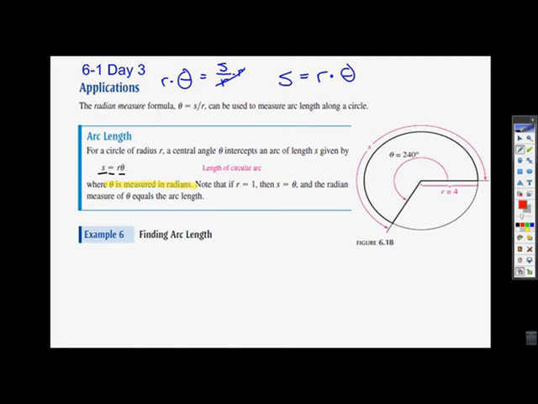So if I want to know the length of this arc, denoted by the variable S, I just take the radius and multiply it by the angle. But here there's a little catch. This angle is given to us in degrees. So to find the length of S, we have to convert this angle to radian measure. Once we do that, we just multiply it by the radius, and we're done.